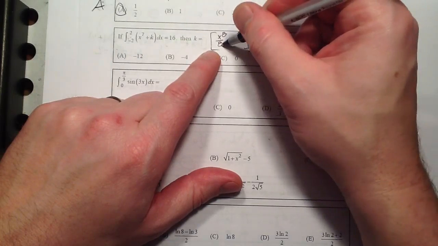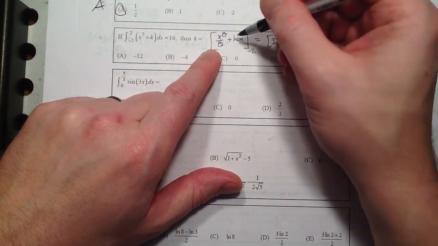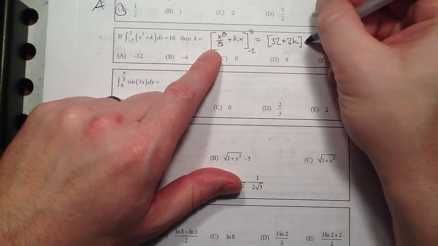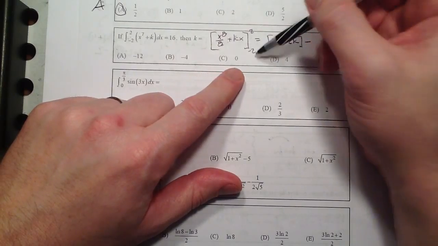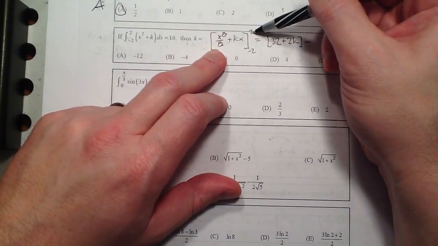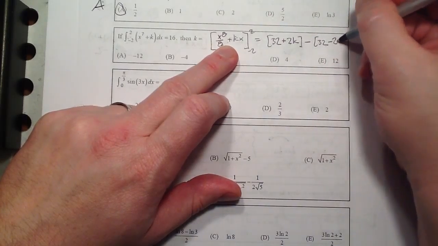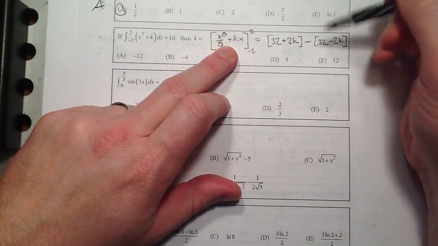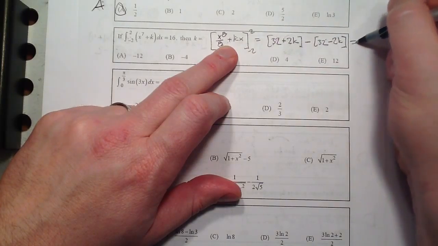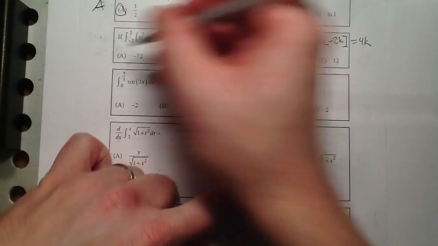So 2 to the 8th over 2 to the 3rd is 2 to the 5th, or 32, plus kx, so that's 2k when I plug the 2 in for the x, minus negative 2 to the 8th is the same as 2 to the 8th, right? So that'd be the 32 again, minus 2k. So those cancel, 32 minus 32, and then I get 2k minus, so that's equal to 4k. And that's supposed to be equal to 16, so k must be 4.